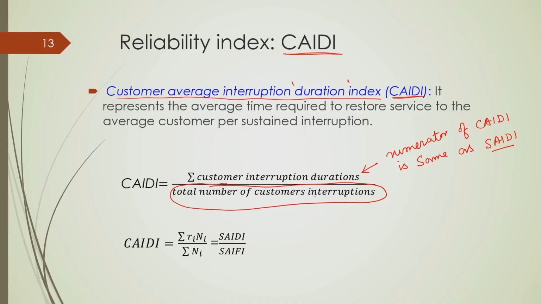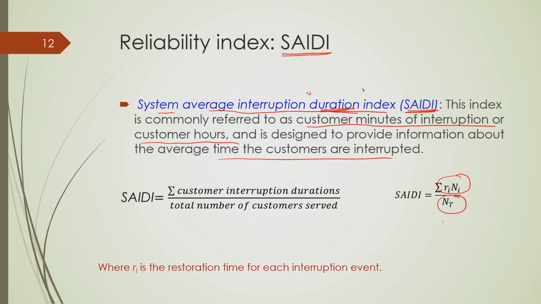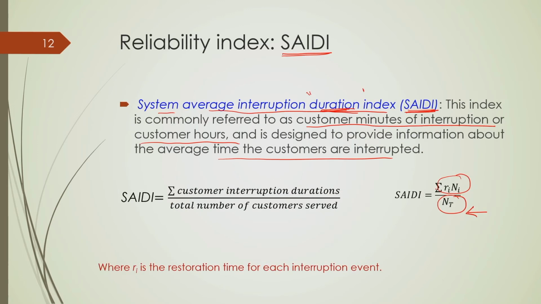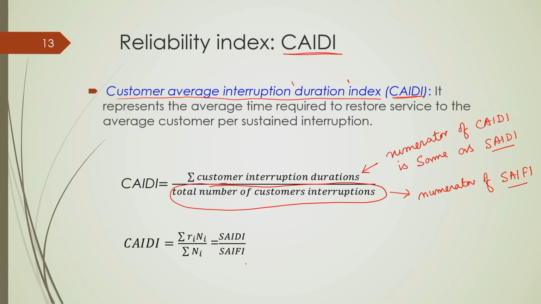Now, this denominator of CAIDI is the same as the numerator of SAIFI. Since SAIFI and SAIDI have the same denominator, the total number of customers served, if we take the ratio of SAIDI and SAIFI, whatever we get will represent CAIDI. So this gives the Customer Average Interruption Duration Index.